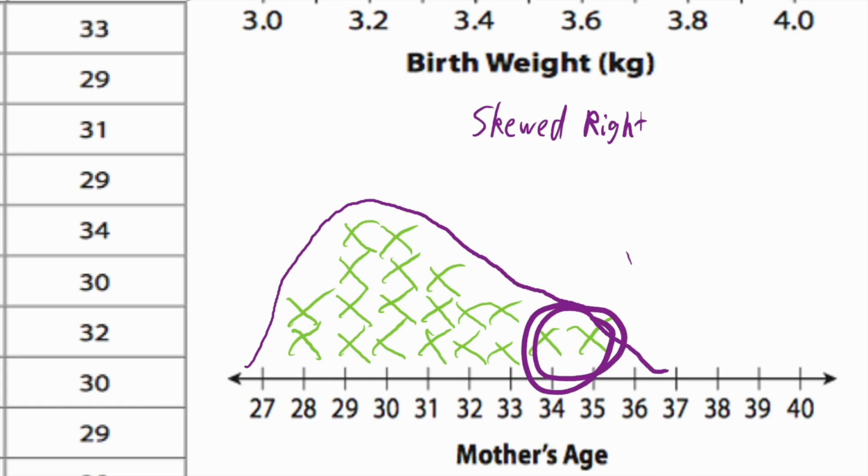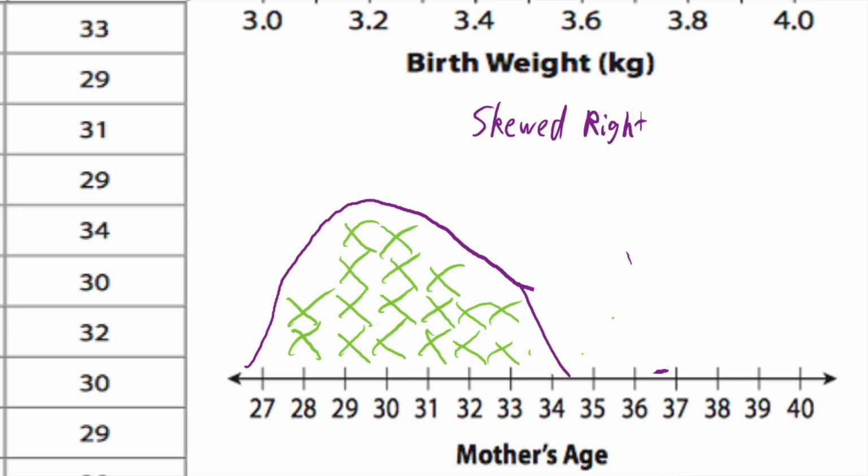If these two data points weren't there, we just poofed them away, then all of a sudden, actually I'm going to do that a little bit differently. I'm going to use this with a white marker instead. But if those two data points just weren't there, we just poofed them away, then all of a sudden, this looks far more symmetrical.